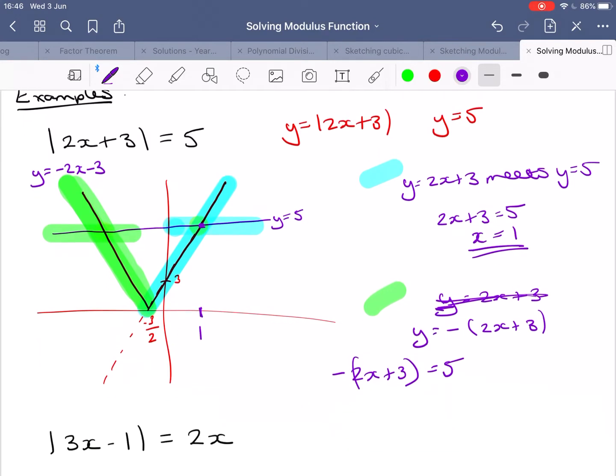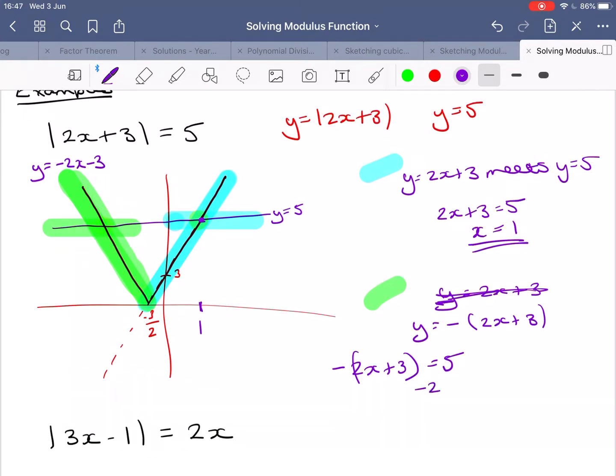So running out of space here, I've got minus 2x minus 3 equals 5. Rearrange that, so I end up with minus 2x equals 8. So my x equals minus 4. So at this point here, my x is minus 4.